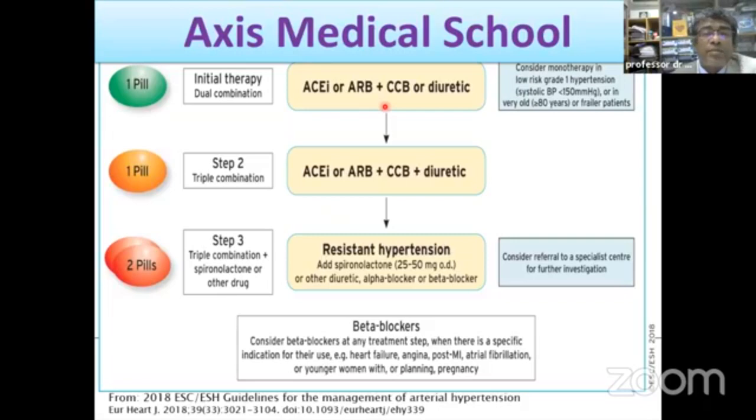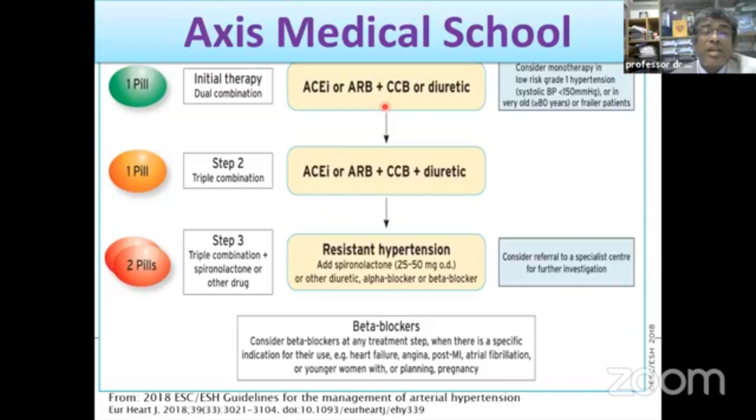So something about the beta blocker. The beta blocker is not in the first line antihypertensive medications, but if there are compelling indications, like if a patient has got ischemic heart disease, in that case, the patient should be given beta blockers as the first antihypertensive medication.